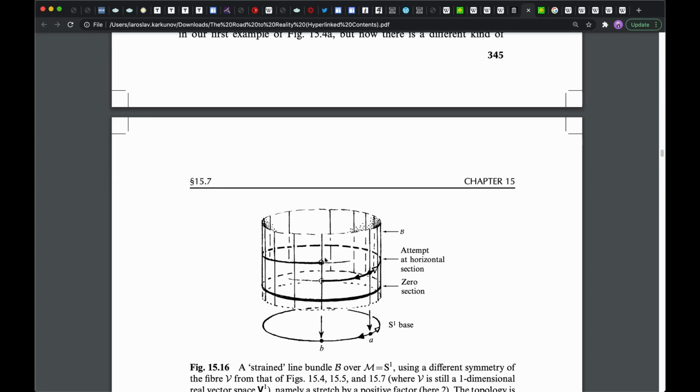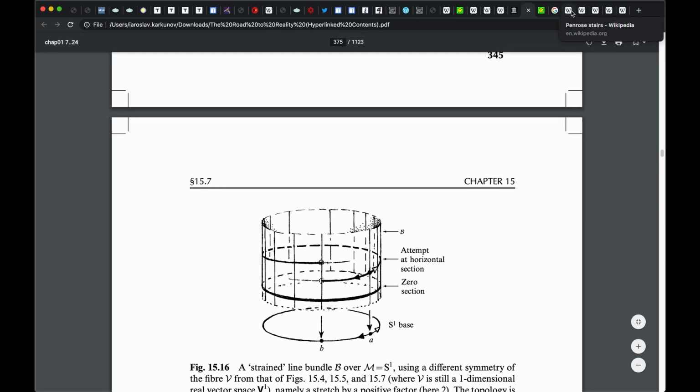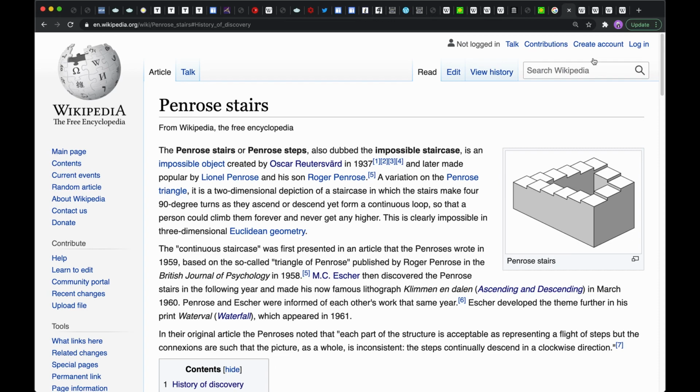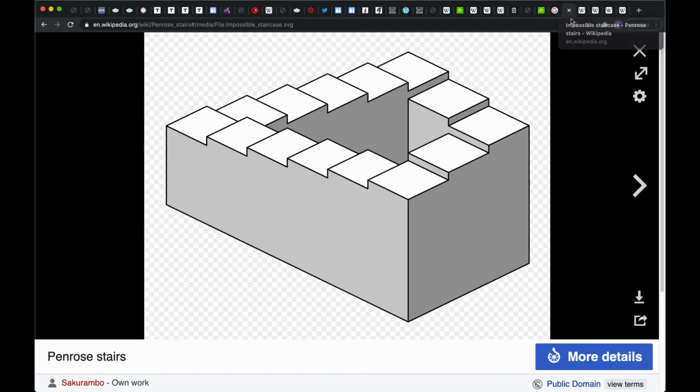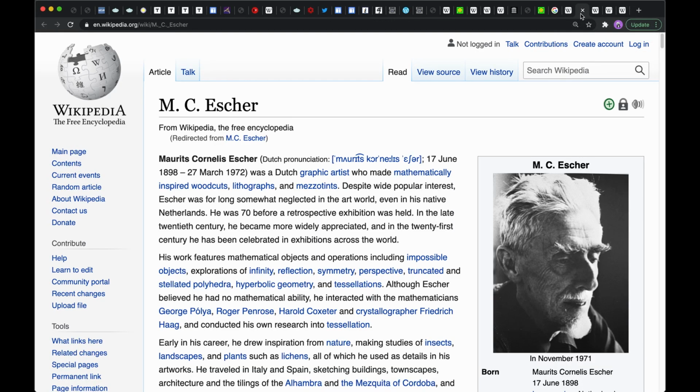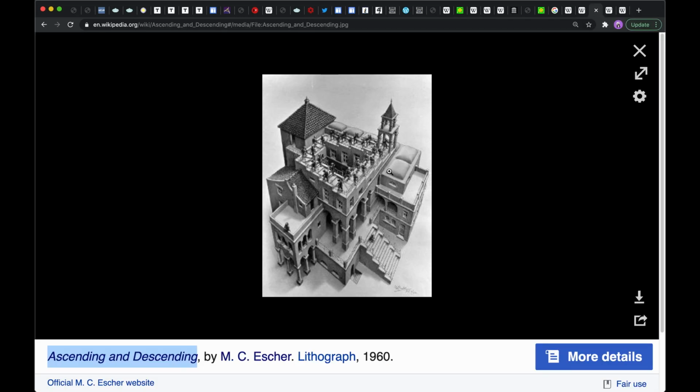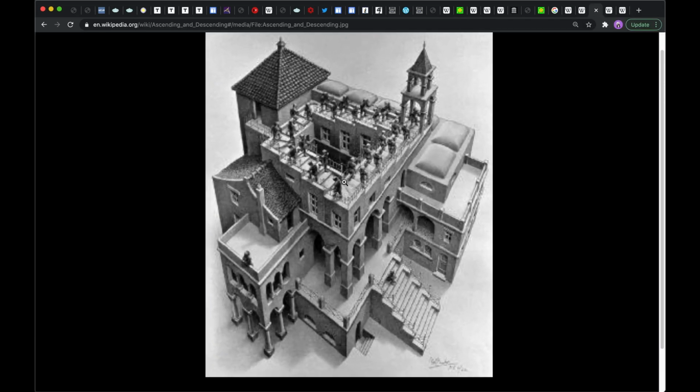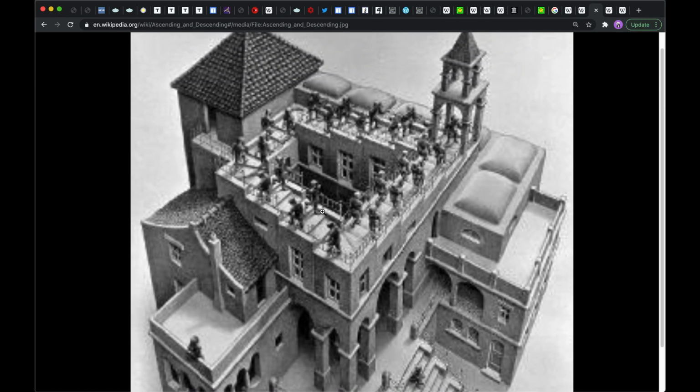And it's interesting that it has some connection with what is called Penrose Stairs. Maybe you have seen those somewhere. I was going to mention that before. Yeah, interesting. And Escher, if you heard about him, he was a Dutch artist. He had been using those in pictures.